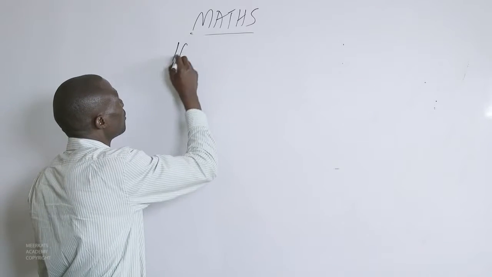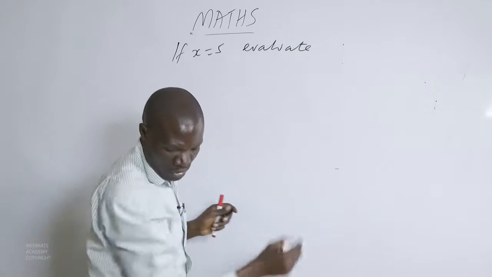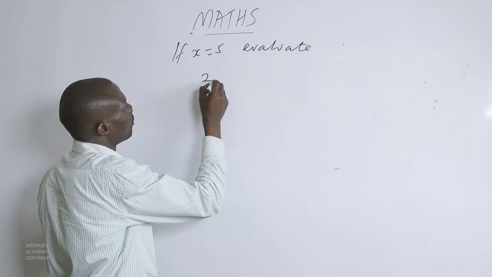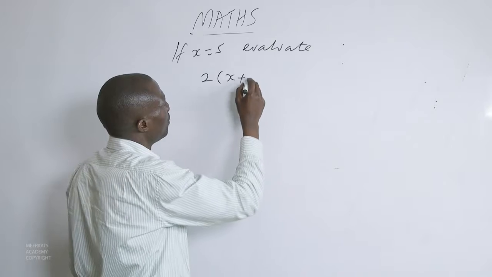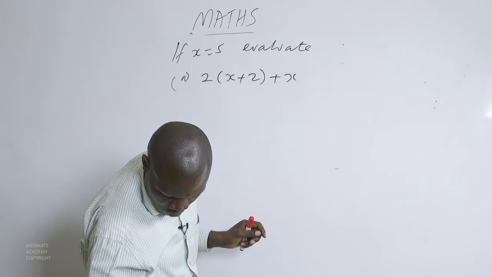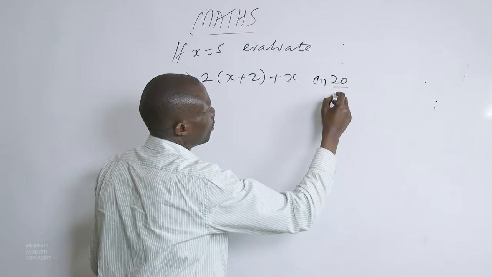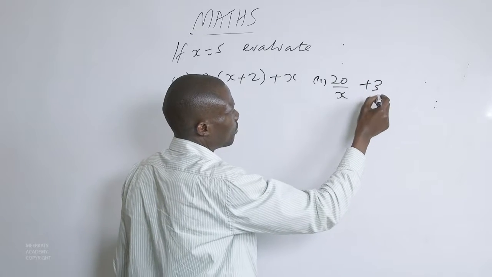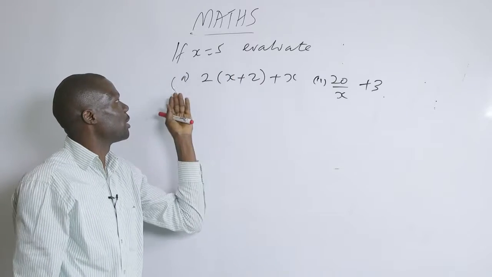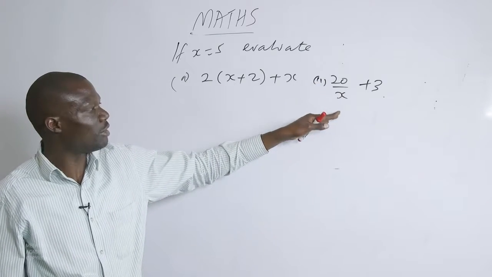If x equals 5, evaluate 2 into bracket x plus 2, close the bracket, and then plus x, and 20 over x plus 3.